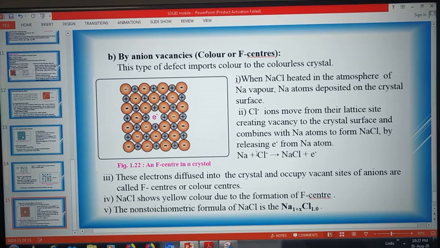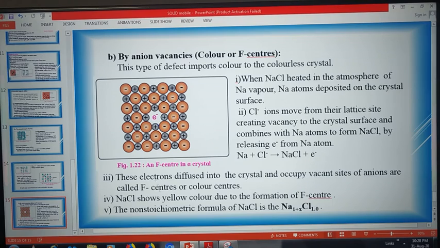Whenever this Cl- is combined, the sodium atom loses an electron, and this released electron occupies the vacancy created by that Cl- ion, the vacancy that arises due to the movement of Cl- ions from their lattice site position. In this way, the electron always occupies this vacancy of the Cl- ions at their lattice site position.